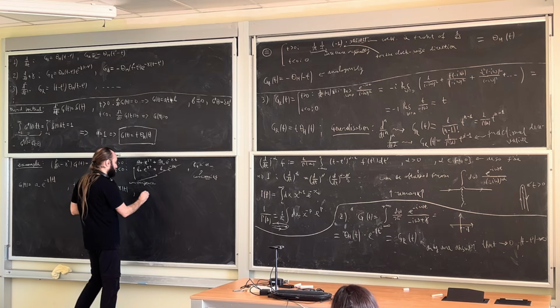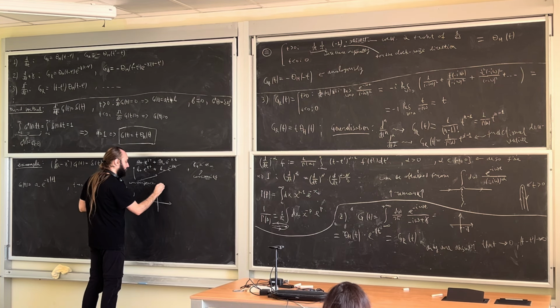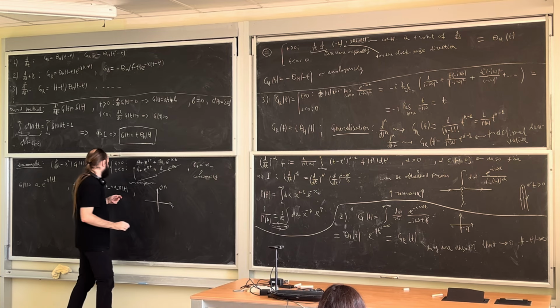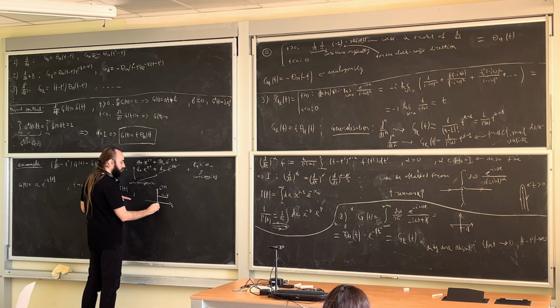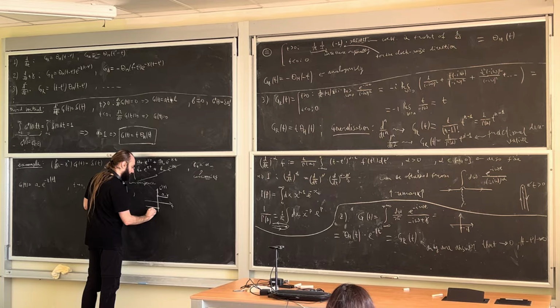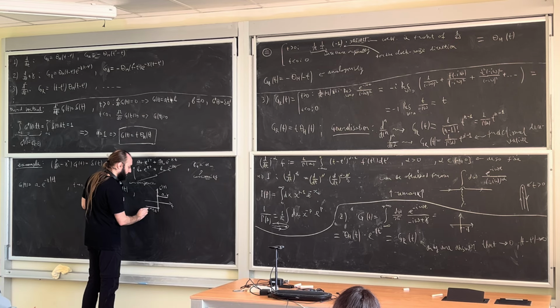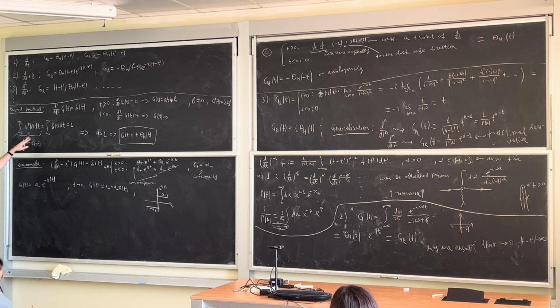So if we compute its first derivative, then it is A minus gamma for positive values and minus A minus gamma for negative values. And we know that this discontinuity should be the same because we don't care about the regular term.